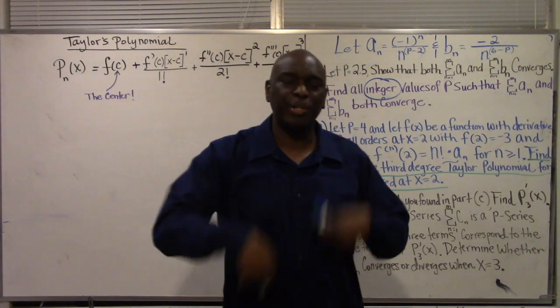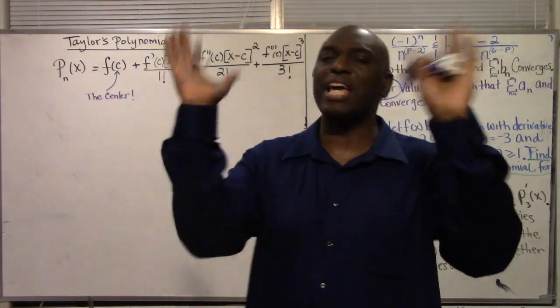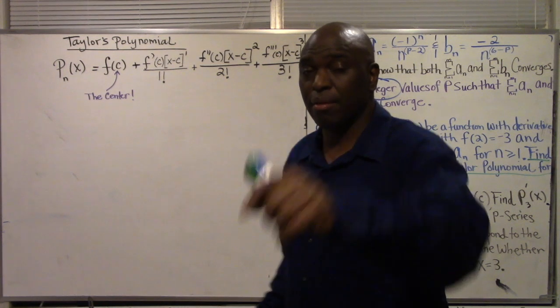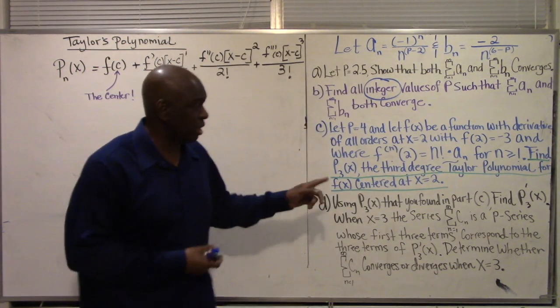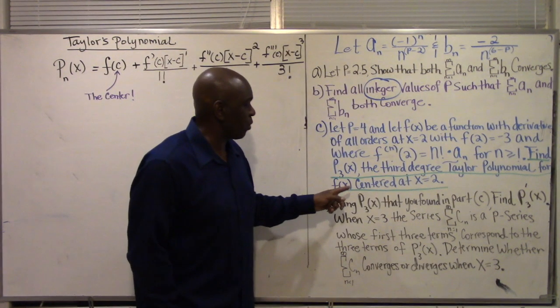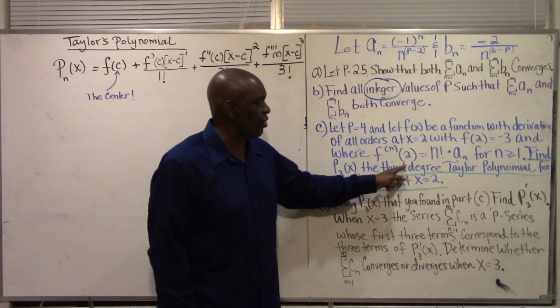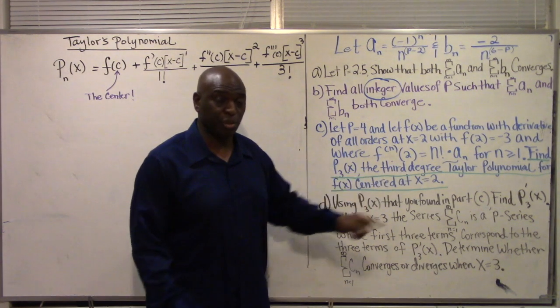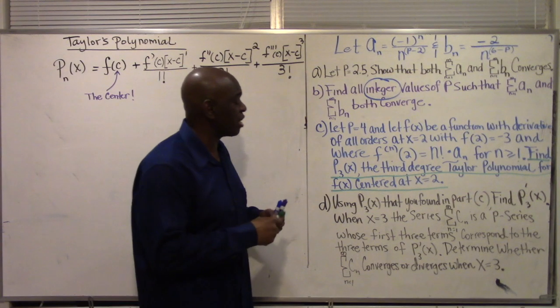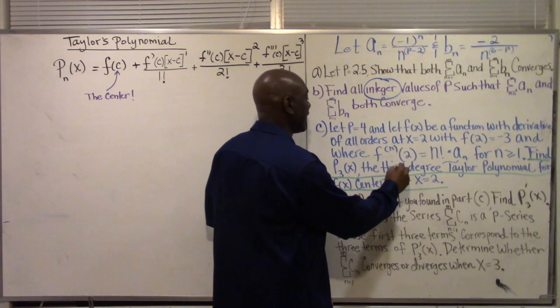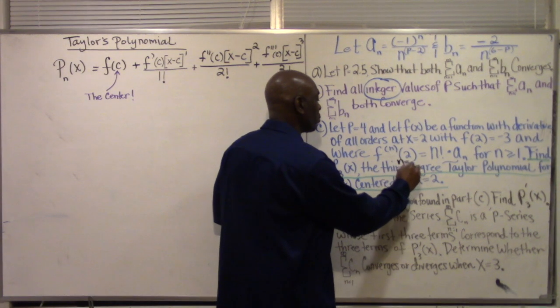I can go on and on all the way to the nth term, but I'm not going to do that, because notice this. It said find a third degree Taylor polynomial. This means that you want to go all the way to n equals 3.